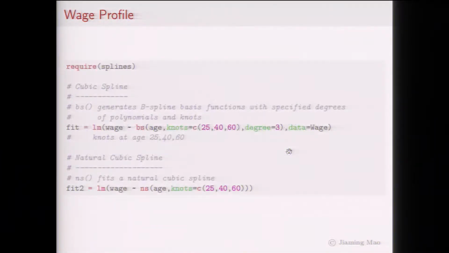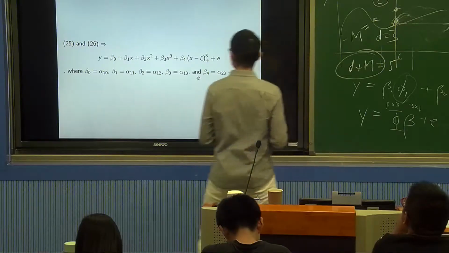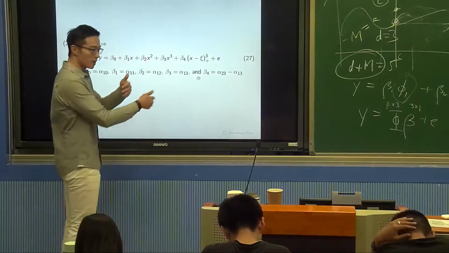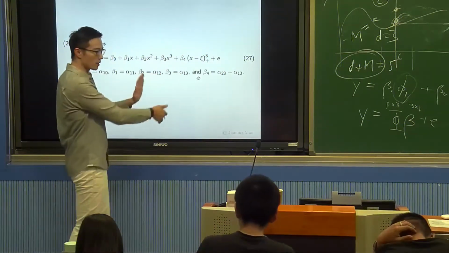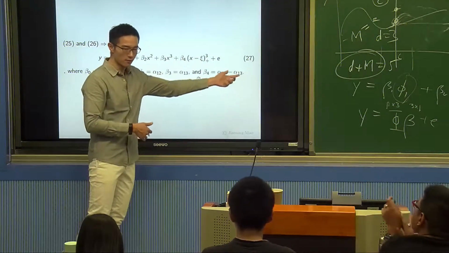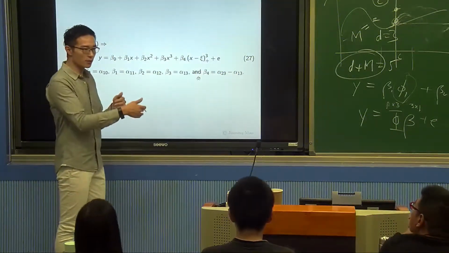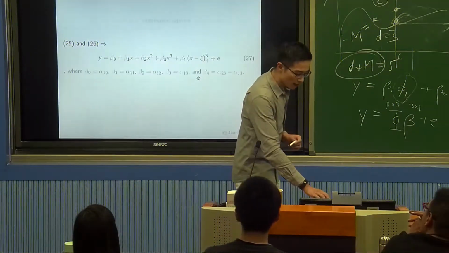In the case of cubic spline, the more you cut, the more terms you add. One cut adds one term, a second cut adds another term, a third cut adds another. So every time you make a new cut, you divide the data into more regions, and your model becomes more complicated.